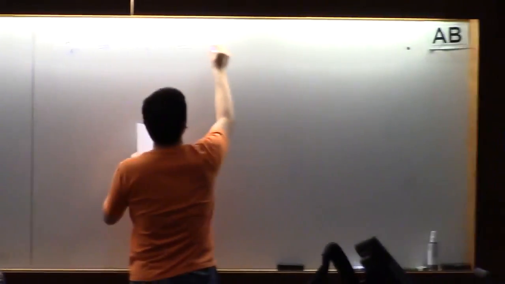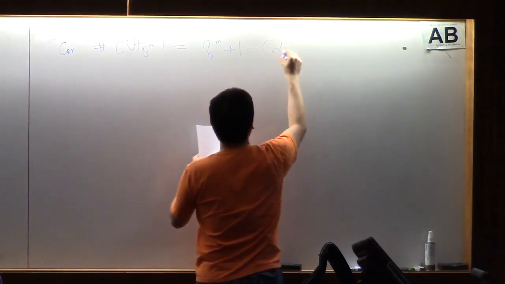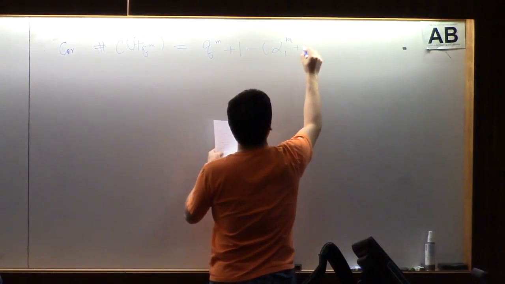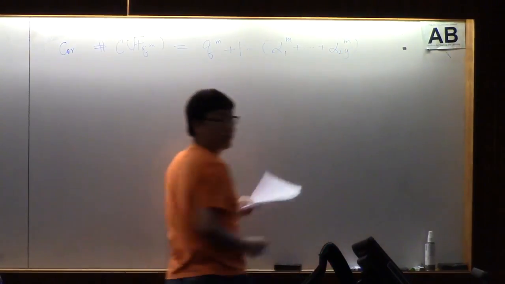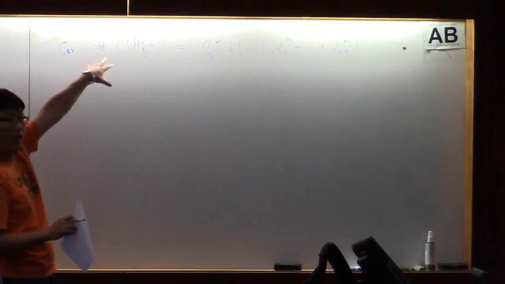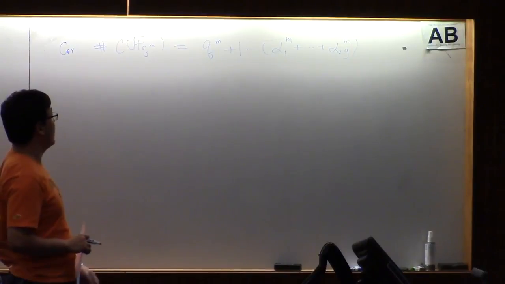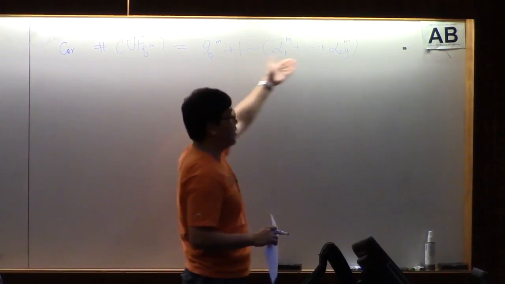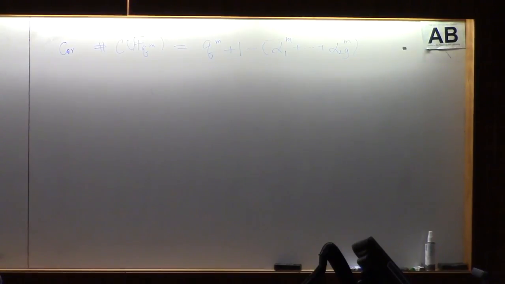You will see that the number of F_q^m rational points on the projective curve C can be computed by this formula. And if you know alpha 1 to alpha 2g, then you know all these numbers.